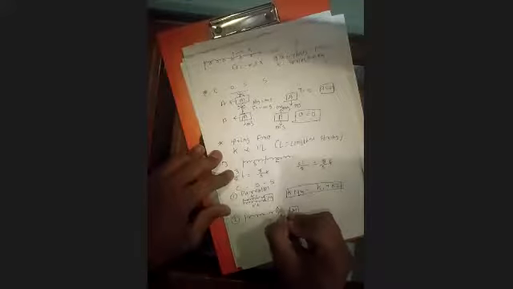Now we'll see another one where it is attached like this, in series. Here mg, K2, K1. Here 1 upon K equivalent equals 1 upon K1 plus 1 upon K2.